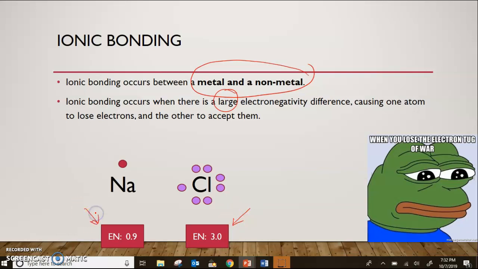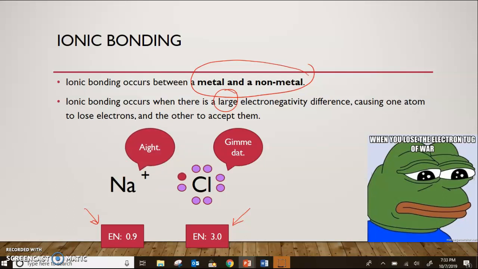And so it's going to pull that electron away from the sodium. When it does that, chlorine now has a full octet, and sodium has an octet underneath. It's lost that outer shell, so it's got a full shell underneath. Sodium gets a positive charge, chlorine gets a negative charge. We'll talk about the actual electronegativity difference values in a minute. But again, your rule of thumb here is a metal and a nonmetal.